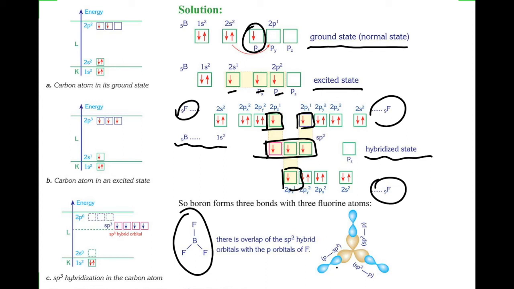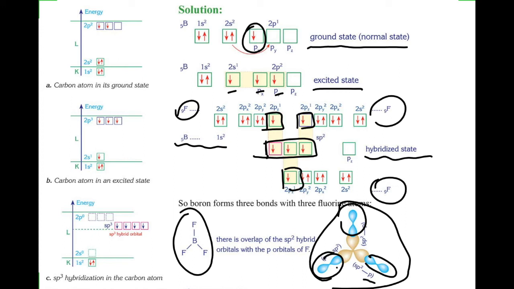If you look at the picture, we can see 3 blue orbitals. Blue orbitals show the p orbitals of the fluorine atoms, and in the middle we can see a yellow orbital. It is the hybridized sp2 orbital, the sp2 hybrid orbital.